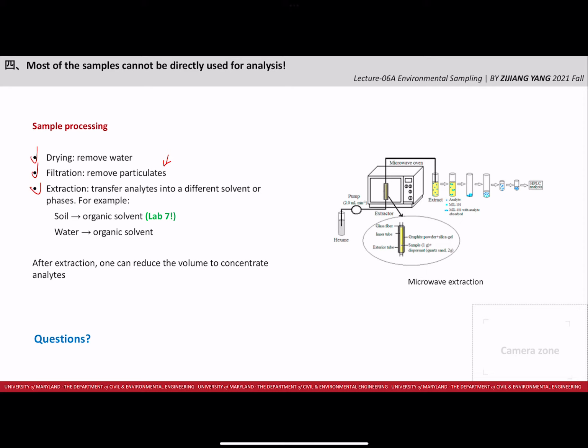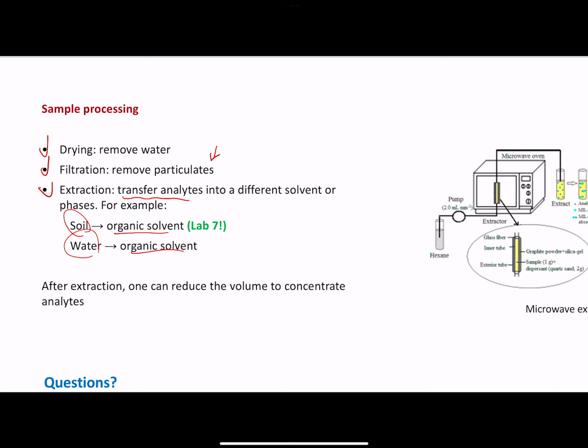And the last one is extraction. So we want to transfer analytes into a different solution or phase. For example, if we are interested in the organic chemicals in the soil or in the water, we can use organic solvent to extract. And for the soil, we are going to do this in lab 6.